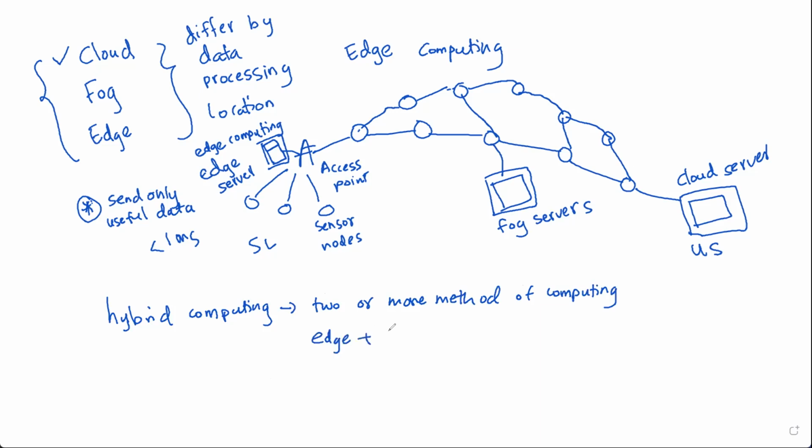So we can combine edge computing and cloud computing, or we can combine edge and fog, or cloud and fog. Likewise, we can have hybrid computation methods to solve some problems. Basically, that is regarding the cloud computing section for the IoT. If you have any questions, you can let me know.